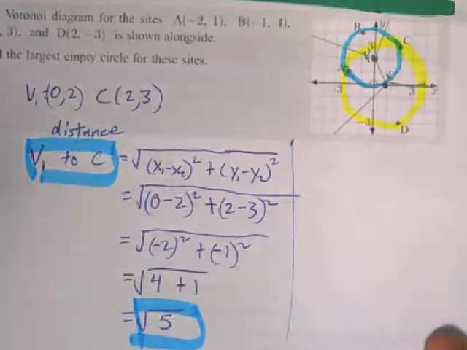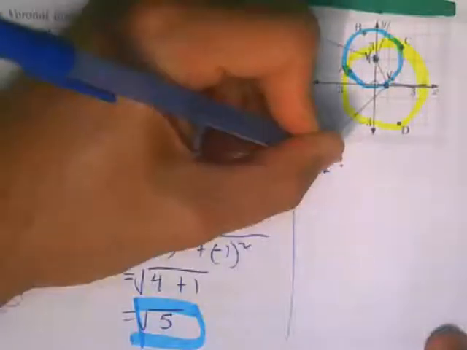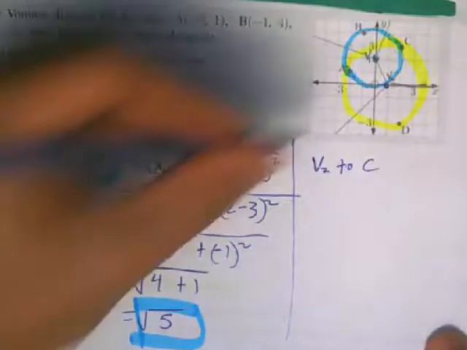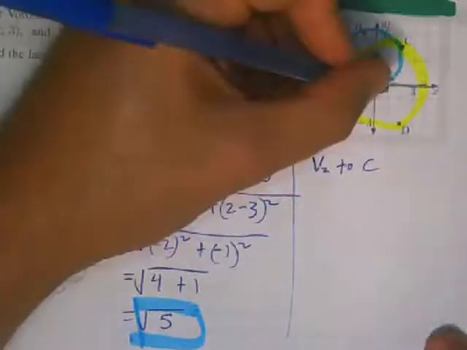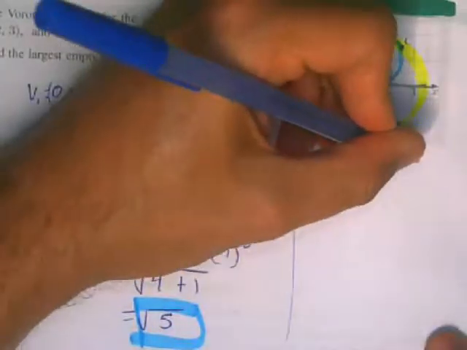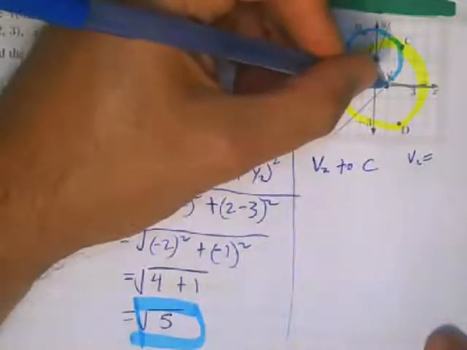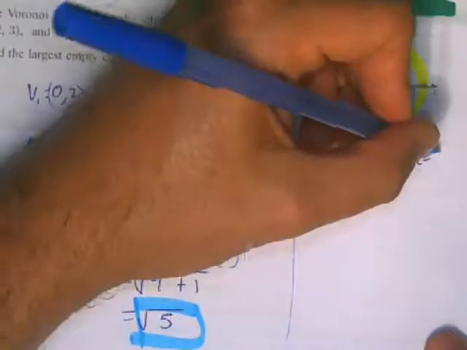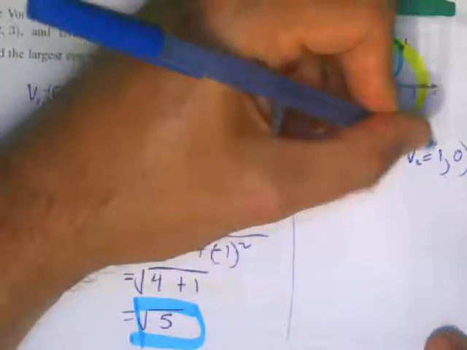So what about V2 to C? Okay, so V2 is at 1, 0, right?